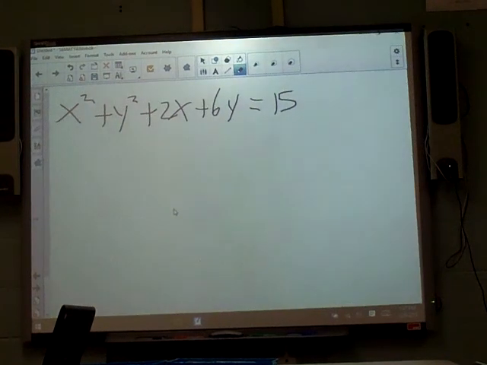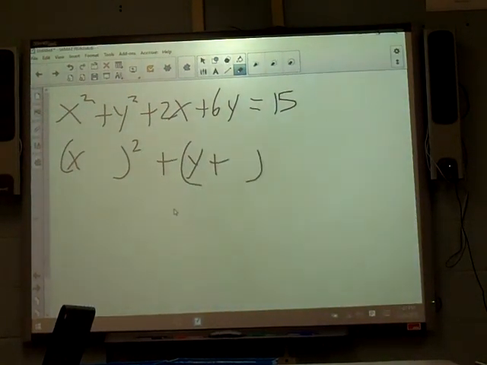We haven't seen anything yet that looks like that. We've had stuff that had an x squared in it. We've had stuff that had a y squared in it. But now all of a sudden we got extra x's and y's up there. So we need this thing to end up so that it says x plus or minus something squared plus y plus or minus something squared, right?